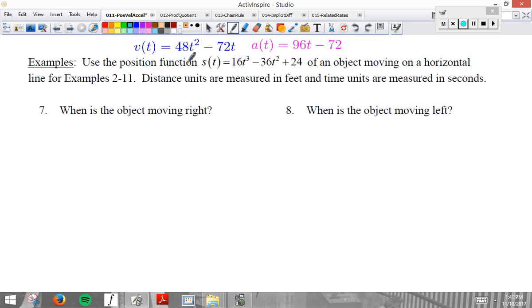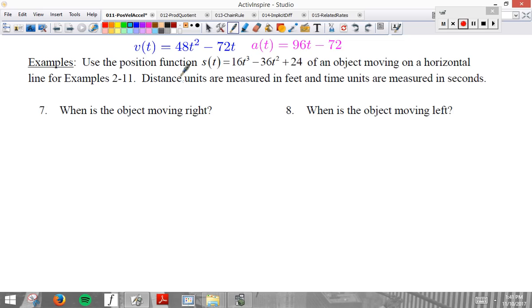Use the position function, and now we have two other functions to discuss whether the object is moving right or whether the object is moving left. Now, this is a key skill. This is a skill that will be very much used in Chapter 4 in every single lesson almost. Please pay attention to what we're doing here.